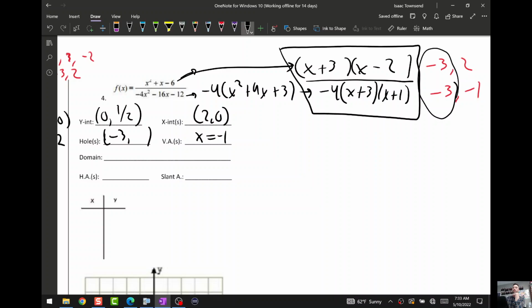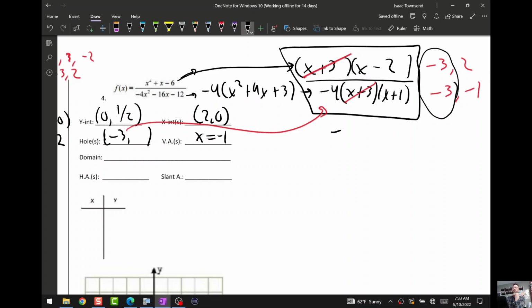To find the y value of the hole, you have to plug this x value into the reduced fraction. So the fact that -3 makes the numerator and denominator 0 means there should be an x plus 3 factor. So let those cancel. Reduce your fraction.